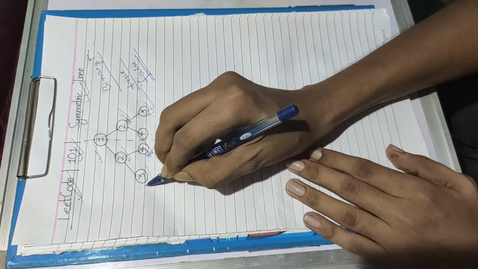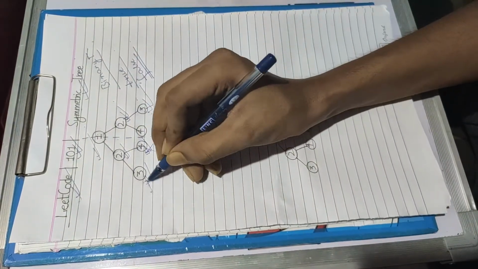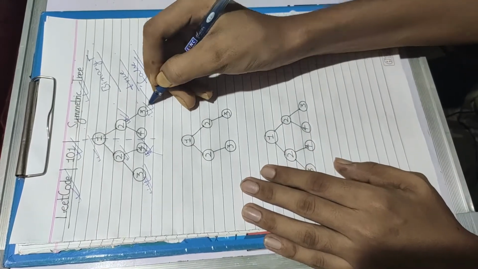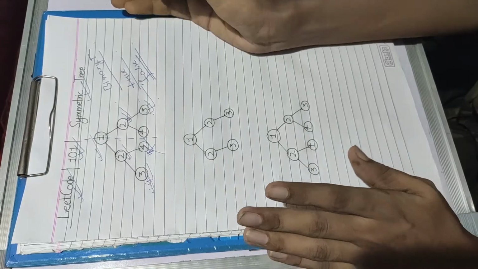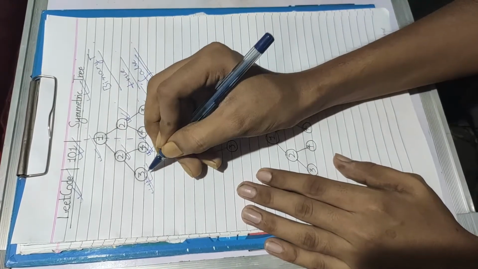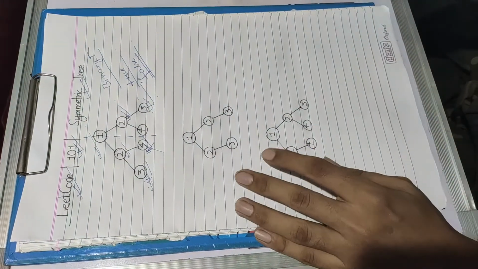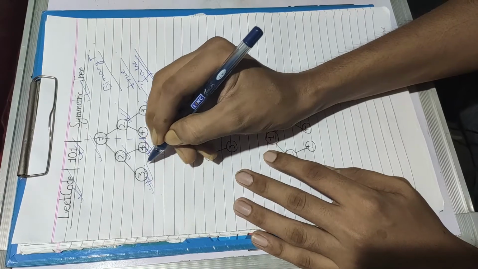The left hand side of the 3, we don't have anything, it is null. Also here the right hand side of 3, we don't have anything, that is null. Once we check the left hand side, we will go to its right hand side.